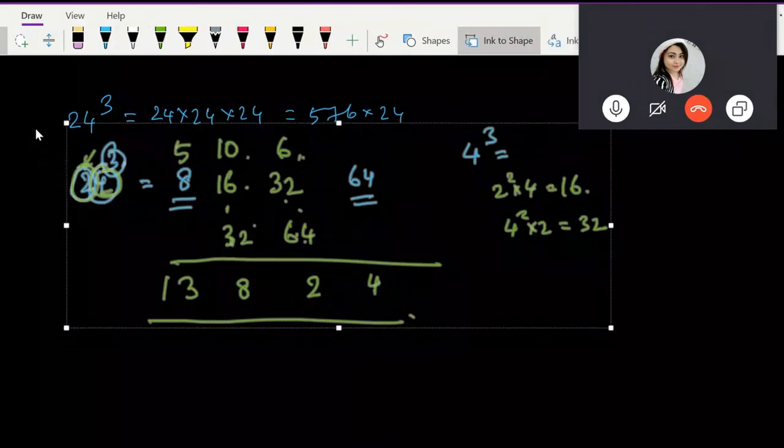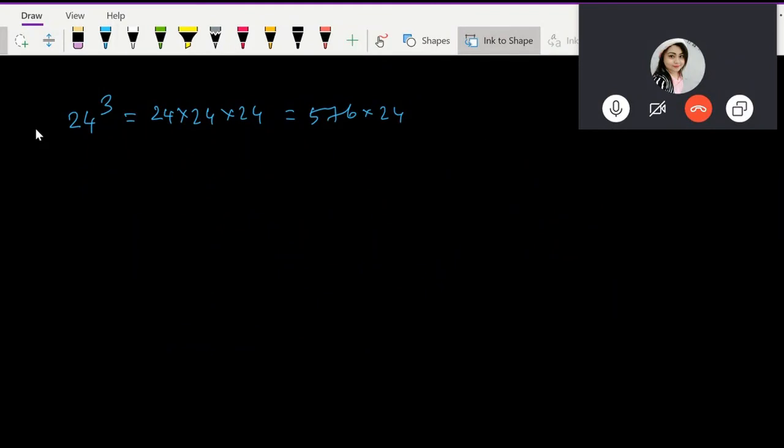If you have a number starting with 1, for example 19 cube, this is easier. Here we write 1, then 9, then 9 square, which is 81, and then 729.